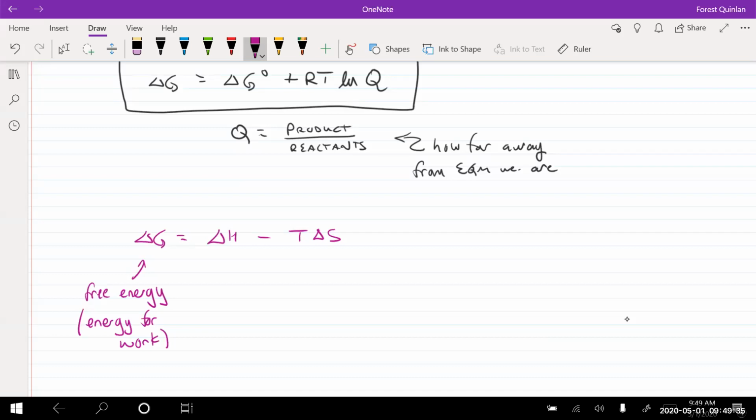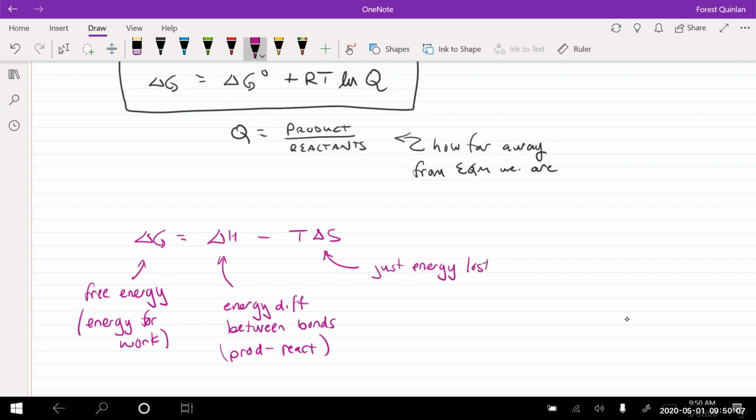We have the delta H. This is the energy difference between bonds, products minus reactants. And then we have this guy, and this is just energy lost. Some people call it Mother Nature's tax.